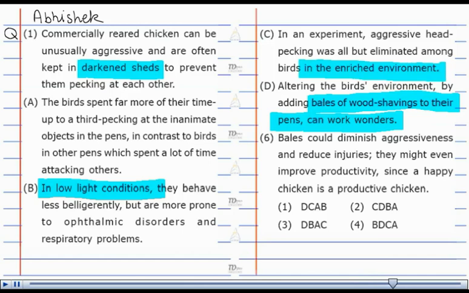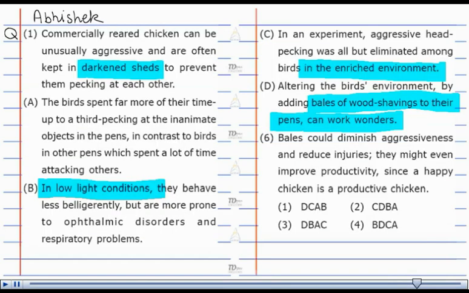The enriched environment is the one mentioned in statement D. So, combining these two links, 1B and DC, we see that it is available only in option number 4. Therefore, our answer is option number 4.